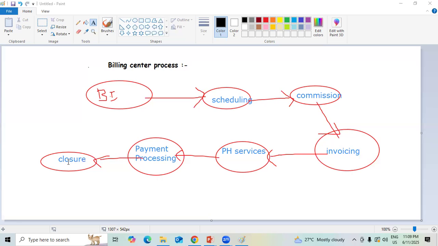Or you may be creating invoices or following some payment processing for new billing inquiries or renewals. All of these are part of Billing Center, and this is something we must be experienced with.